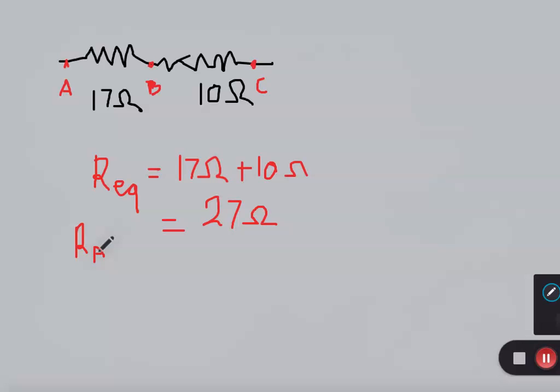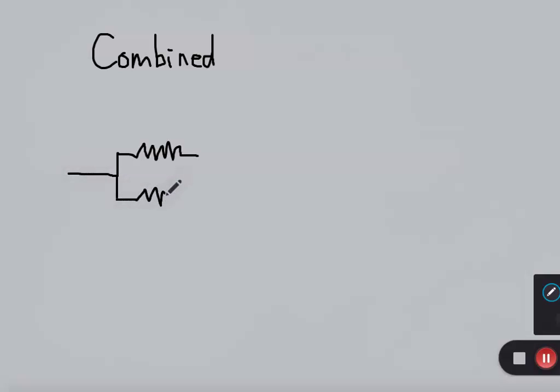It's just addition. The last part here is what happens if you have a combined circuit. What you do is just treat each part and then combine everything together to get the R equivalent. For example, let's say we have R1 and R2 in parallel.